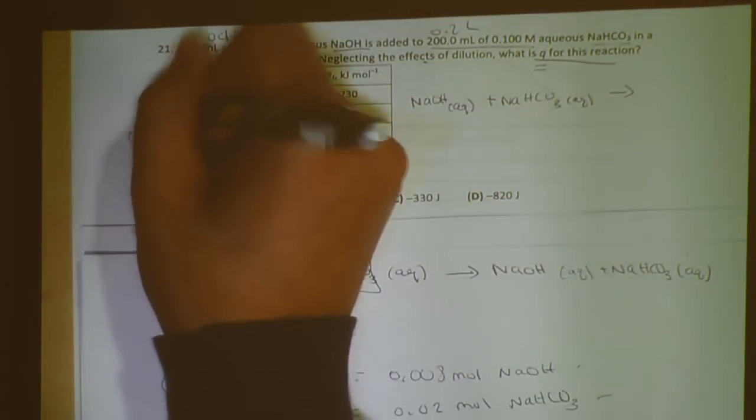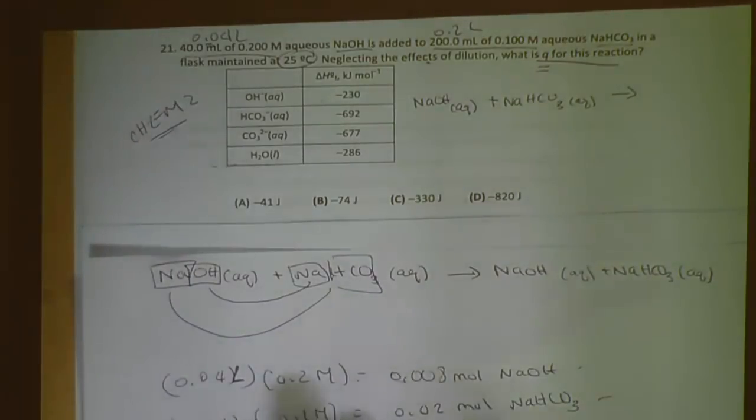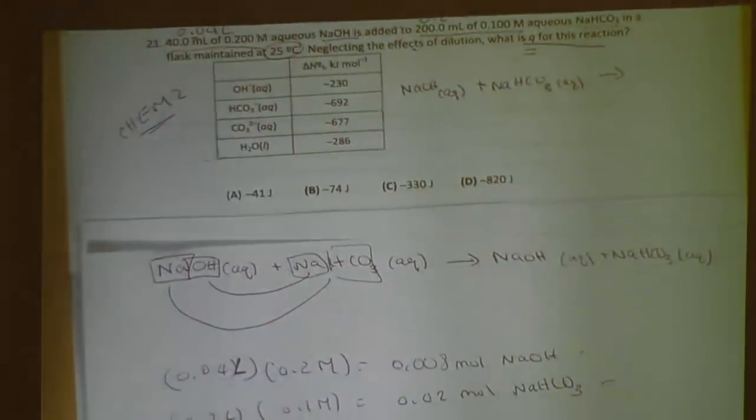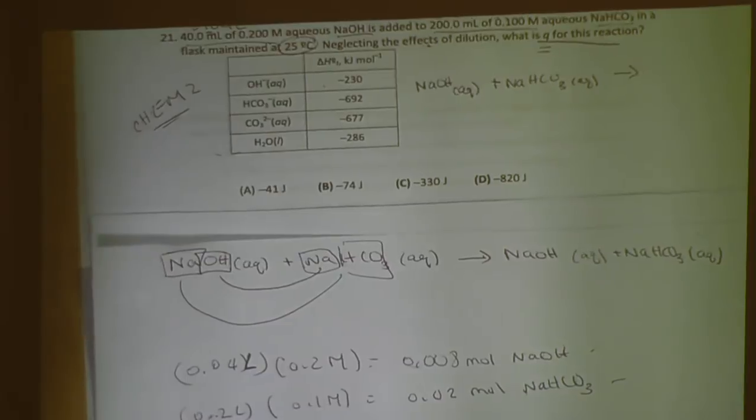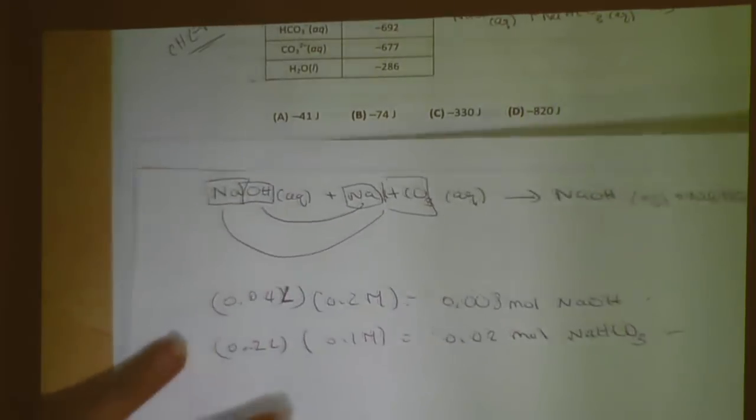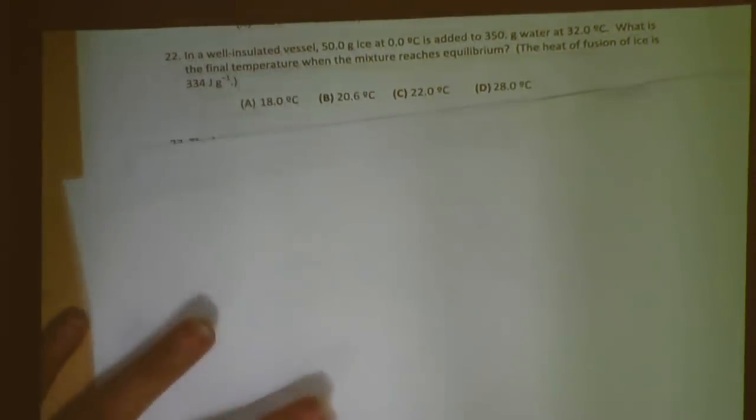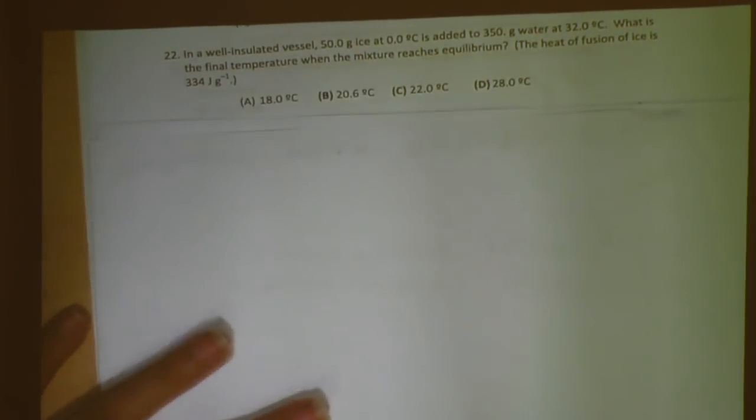Skip the second 21 because it's Chem 2. I just realized that. Okay, skip that one. It's Chem 2. Because you have to use something called an ICE table, and you learn that in Chem 2, so ignore that one. Sorry. Okay.